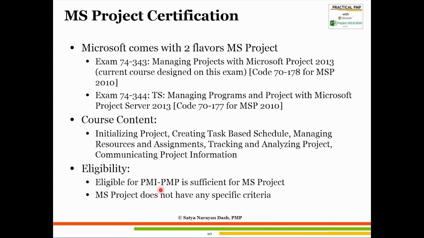Microsoft Project, in fact, doesn't have any specific criteria. If you look at Microsoft Project certification, there are very young people who are getting certified. So there is no specific criteria. If you are qualified to sit in the PMP exam, you are automatically qualified for Microsoft Project certification.